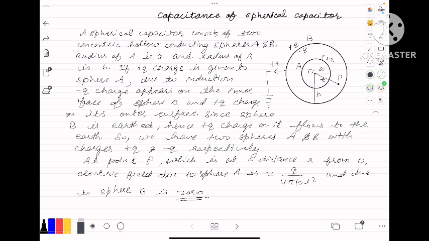Due to this electric field at point P, let us calculate the potential difference.